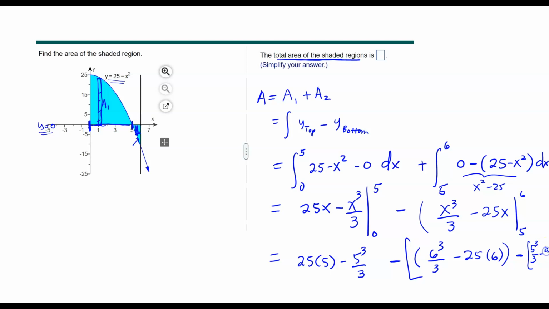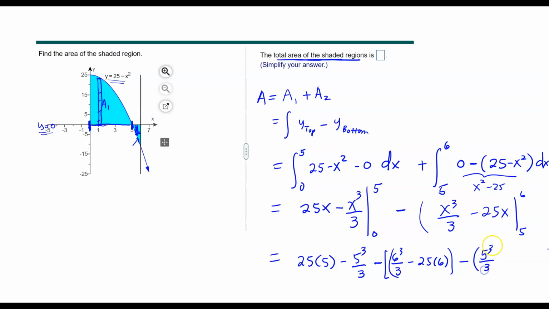25 times 5. I don't have space. So let me just erase that part so I have more space. So I'll have minus, and then evaluate this at 6. So 6 cubed over 3 minus 25 times 6 minus 5 cubed over 3 minus 25 times 5.